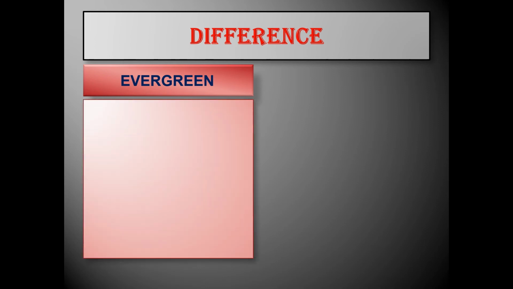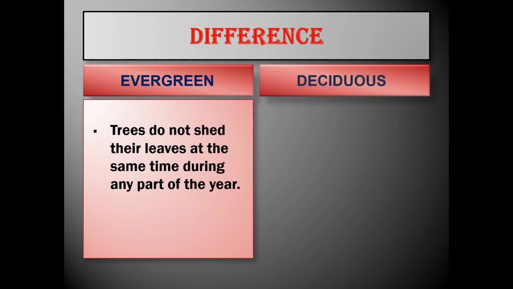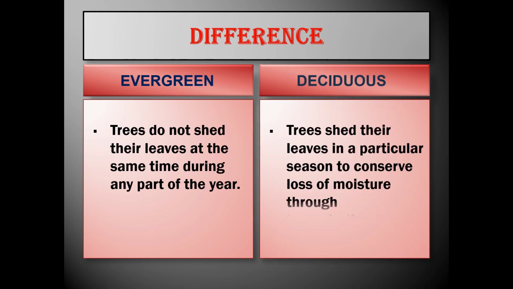Evergreen forests do not shed their leaves at the same time during any part of the year. On the other hand, in the deciduous forest, the trees shed their leaves in a particular season to conserve loss of moisture through transpiration. So these are majorly different from each other on the basis of when they shed their leaves.